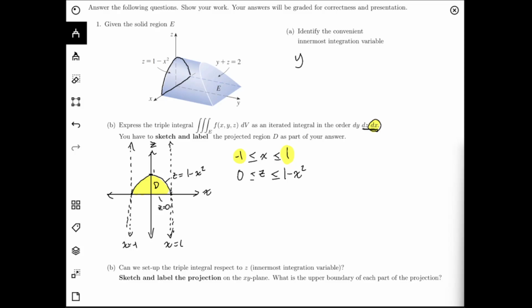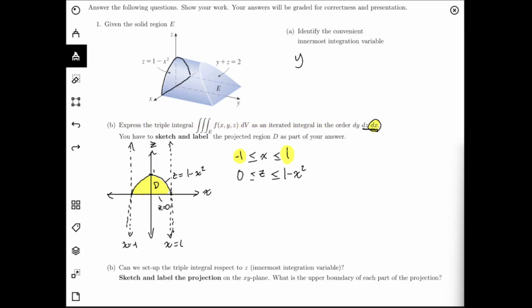Okay, now this is nice. It's not what the question asks for. The question asks us to express the triple integral as an iterated integral in this order, right?